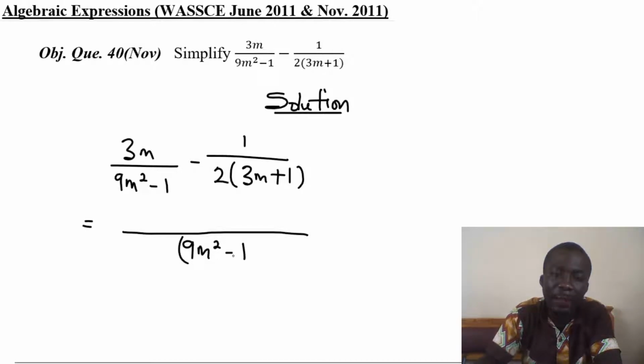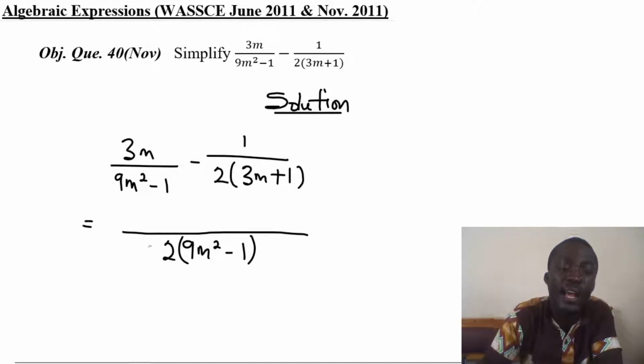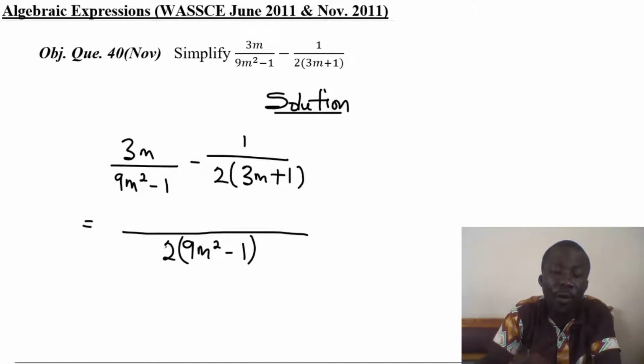So it means we are picking this one and also make provision for the 2 and multiply this by the 9m squared minus 1. So in all, the least common denominator is going to be 9m squared minus 1 multiplied by 2, so that this can divide this and the whole of the denominator at the second term can also divide the least common denominator.